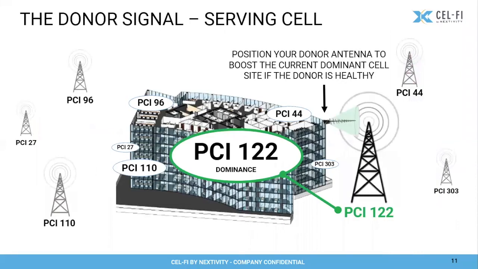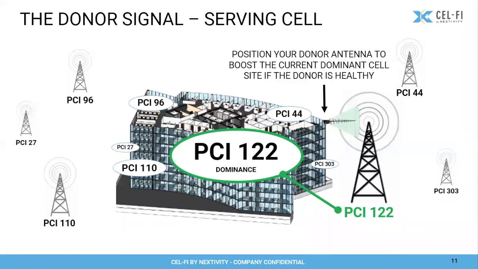Serving cell, this is also very important. When you're performing a site survey, we walk a building and we look at the PCI. We want to know the cell ID of the current serving cell for that building. And you know that when you walk around buildings, you tend to jump around a little bit. Maybe in the west wing you have a cell that's dominated that side of the building, and on the east side of the building it's a different cell, or maybe one cell seems to be dominating the building quite well.